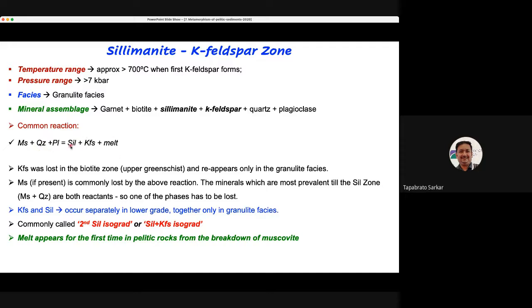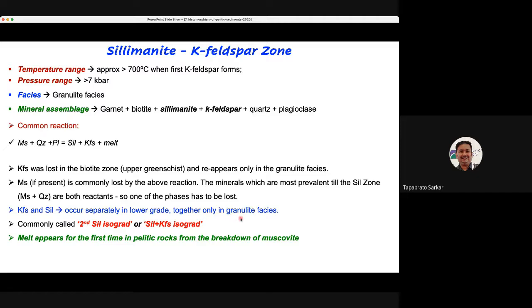What we have is sillimanite, K feldspar, and the generation of melt. K feldspar and sillimanite both occur separately at lower grade: K feldspar in the greenschist facies condition, sillimanite in the lower amphibolite facies condition. They occur together only in the mid granulite facies condition.